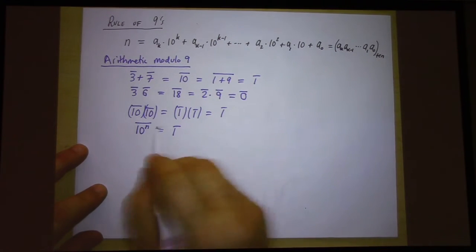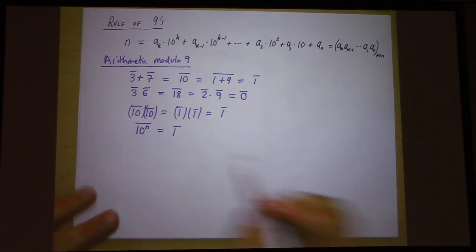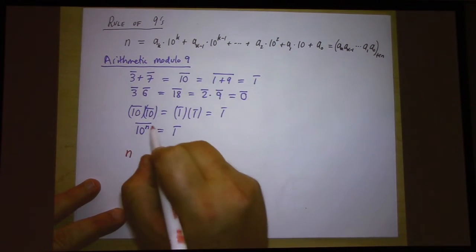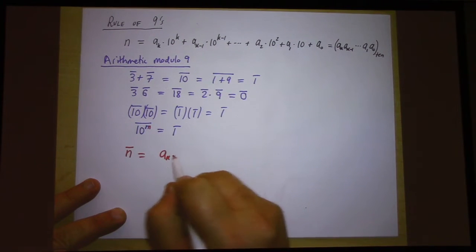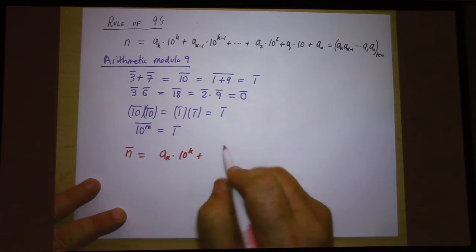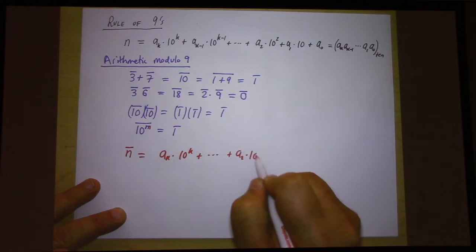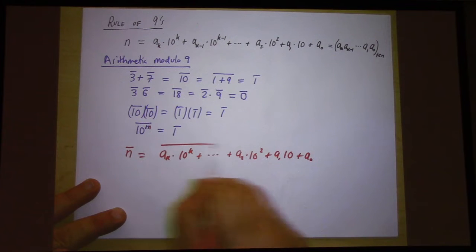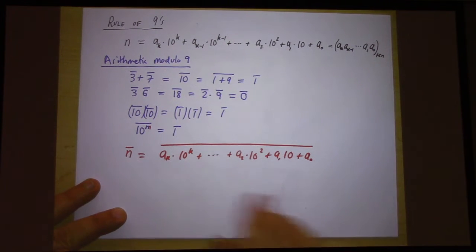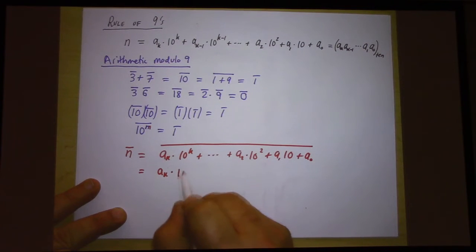is if we look at the number I have up at the top, and if I look at n bar, maybe I should make that an m. N bar, then I've got a_k times 10 to the k, plus dot dot dot plus a_2 times 10 squared, plus a_1 times 10, plus a_0. And if I calculate that number mod 9, what happens? I get a_k times 10 to the k.